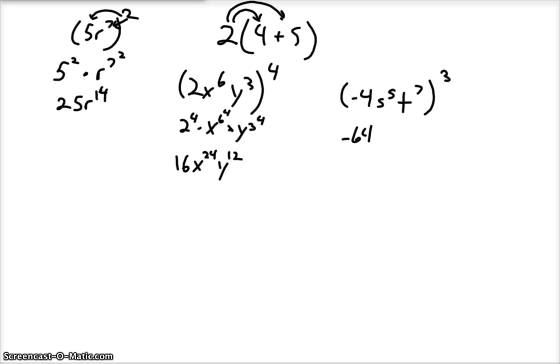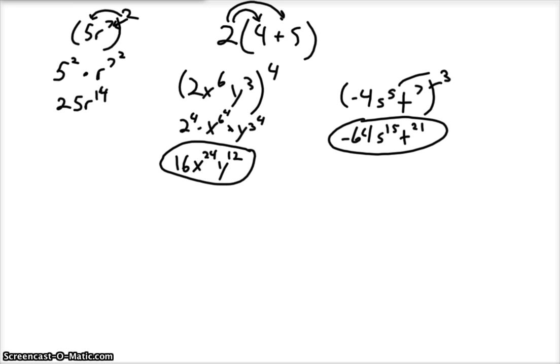Then s to the power of 15, because we have 5 times 3, and then 3 times 7 would be t to the power of 21. Okay? I hope that you kind of get what I'm doing up here on the board. Again, if you have questions, please feel free to ask, but I'm just going to keep cruising on.